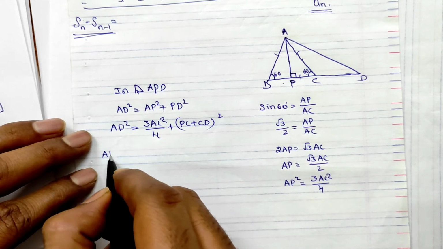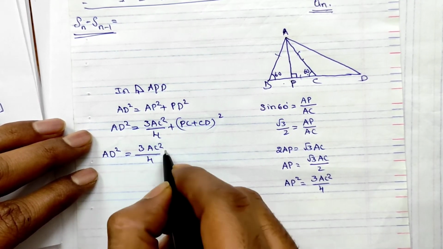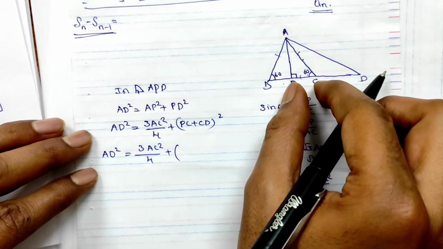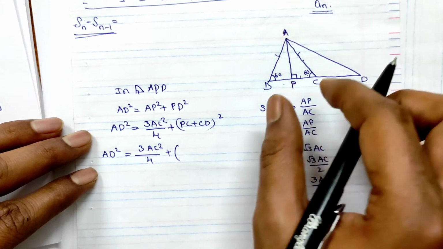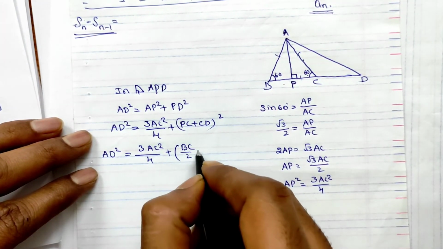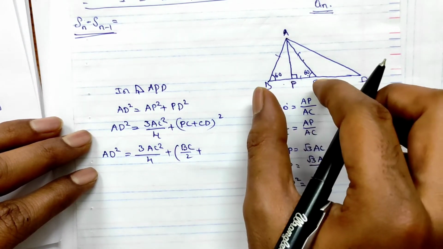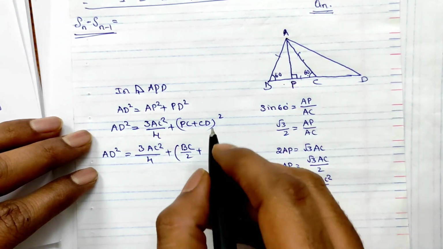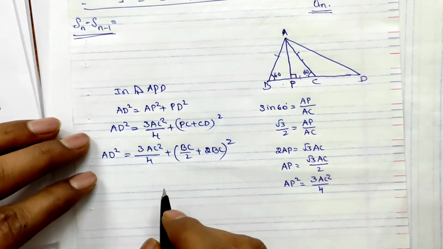So AD square is equal to 3AC square divided by 4 plus PC, which is half of BC because altitude AP bisects the base, therefore PC is BC by 2, plus CD, it is given, it is 2 times of BC, so therefore we can write 2BC whole square.